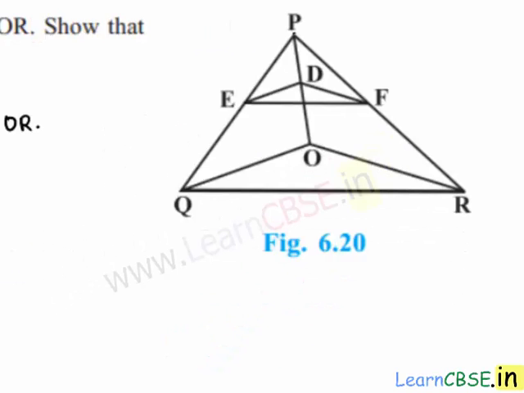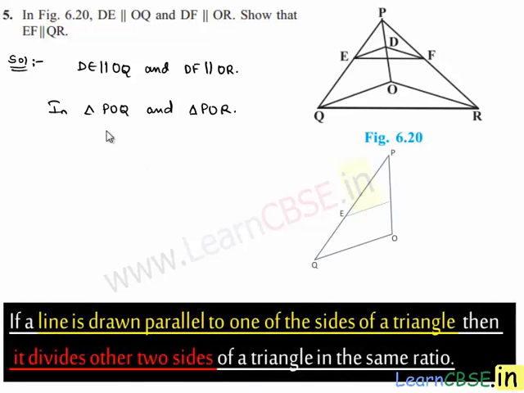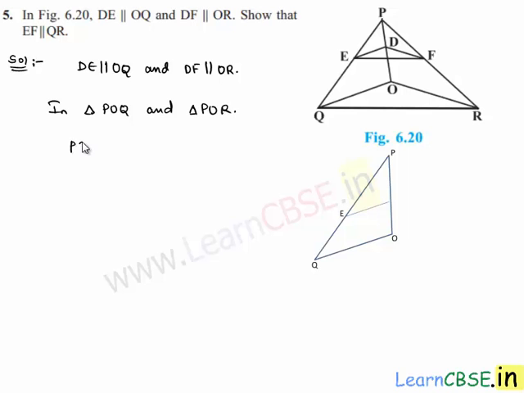So now let us consider two triangles, that is triangle POQ and triangle POR, and apply the basic proportionality theorem. As in triangle POQ, DE is parallel to OQ, the proportionality becomes PE by EQ is equal to PD by DO.